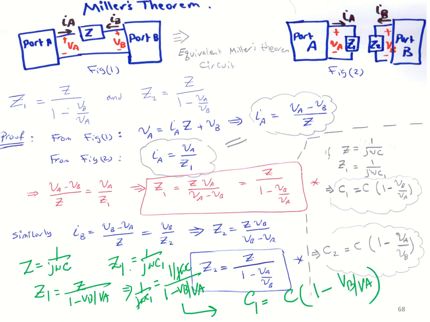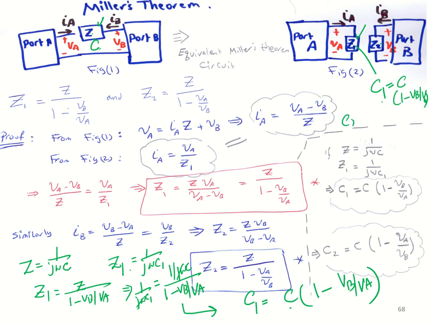So this capacitance value C1 will be equal to the capacitance C multiplied by 1 minus VB over VA. If we have a capacitor C here, we can divide it into two parts, C1 and C2. C1 will be equal to C times 1 minus VB over VA.